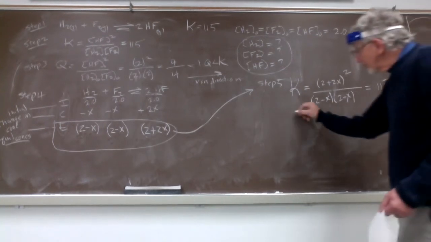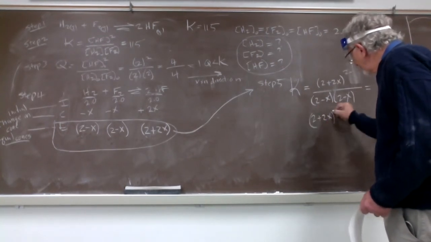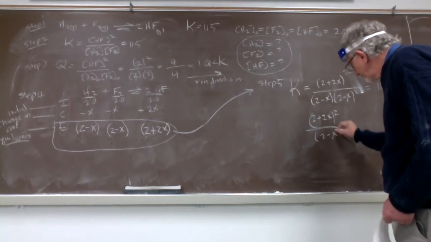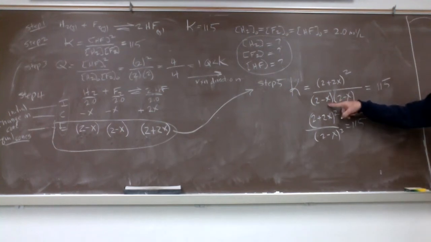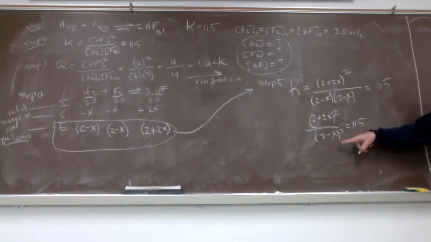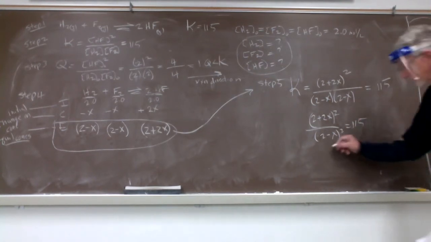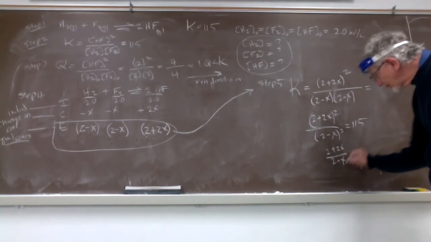So notice 2 minus X times 2 minus X is 2 minus X squared. So we have 2 plus 2X squared over 2 minus X squared is equal to 115. We could say 2 plus 2x over 2 minus x.